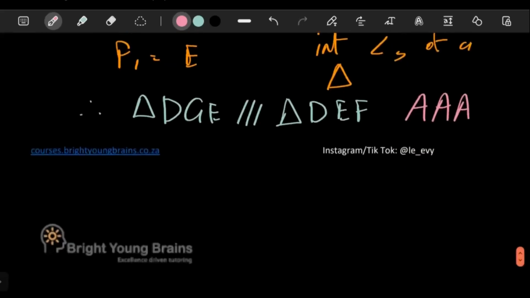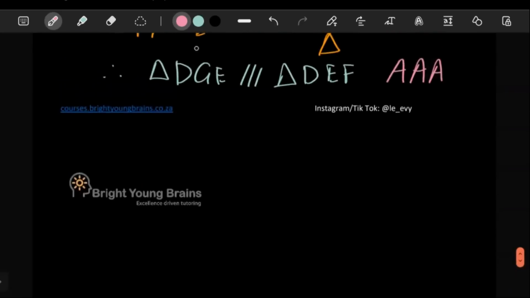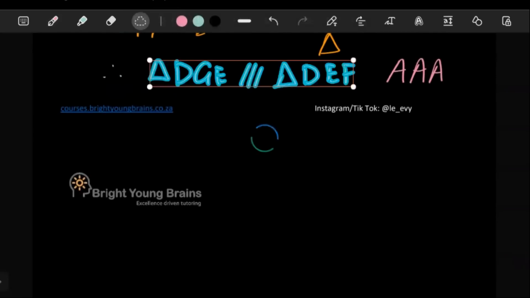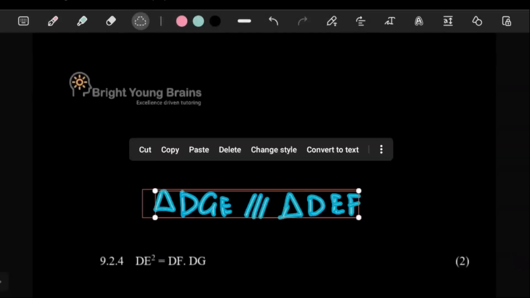We move on now. We keep moving forward because why not? So with this being said, we need to prove that DE squared is equal to DF times DG. This is not a difficult task because as long as you have proven that your triangles are similar, you are always able to write out specific statements.